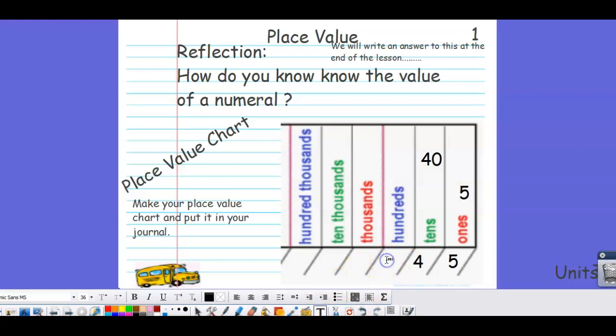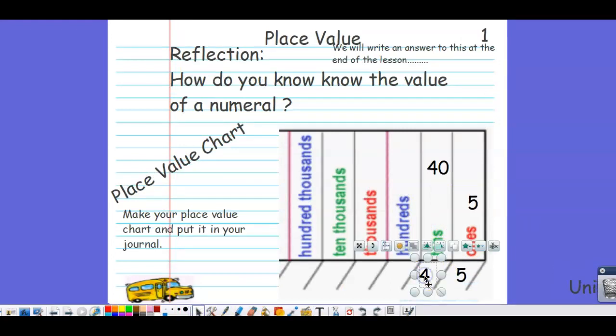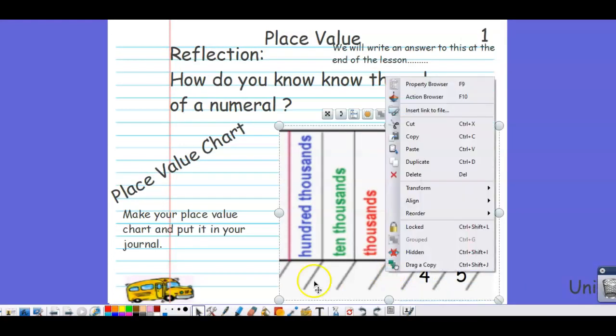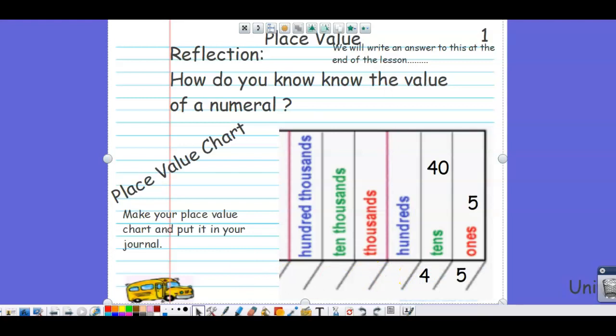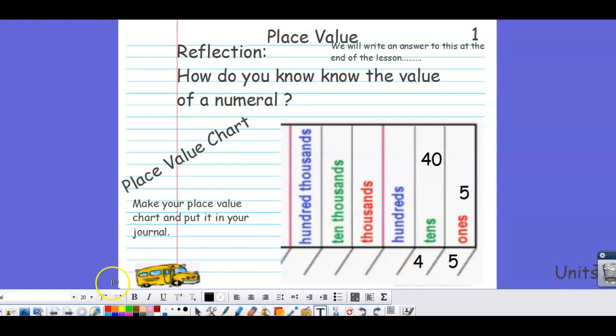So I'm going to put another number, and the number I'm going to put is an 8. Well, actually, let's change that. Let's make that a 2. Thank you for being patient. So I'm actually going to put a 2 here.